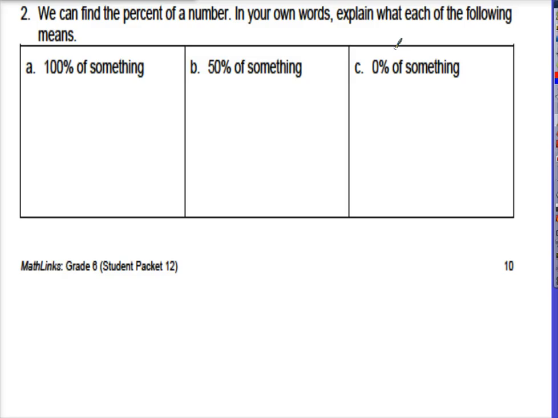If you want to relate it to grades, you can do that. If you want to relate it to getting something, you can do that too. So however you want to explain it, what does it mean to get 100% of something? What does it mean to get 50% of something? And what does it mean to get 0% of something? Stop the timer for 2 minutes, and you're going to discuss, and then we're going to move on. Okay, ready? Pause for 2.